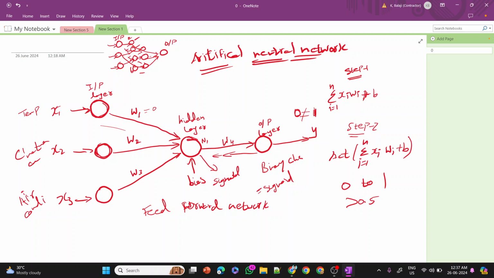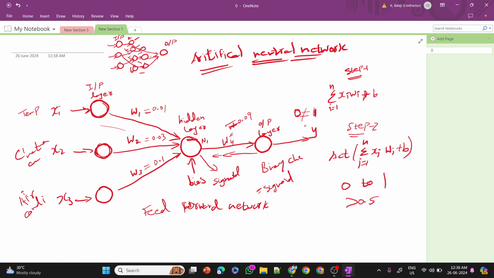Initially, let's take w1 having a value of 0.01, w2 having a value of 0.03, w3 having a value of 0.1, and w4 having a value of 0.09.